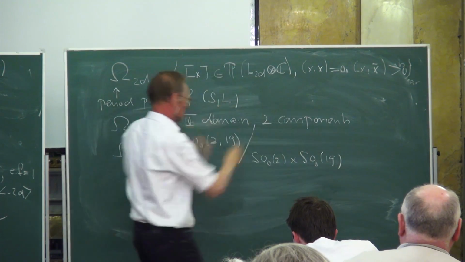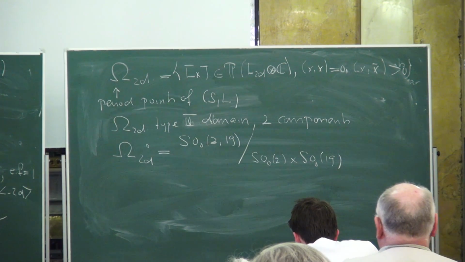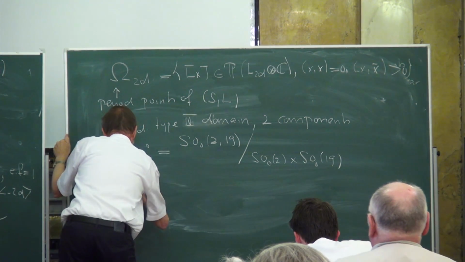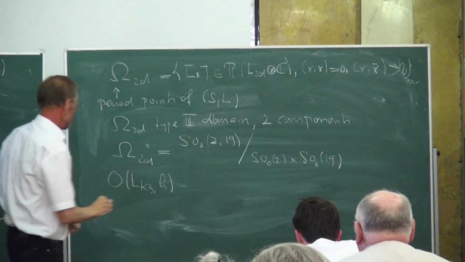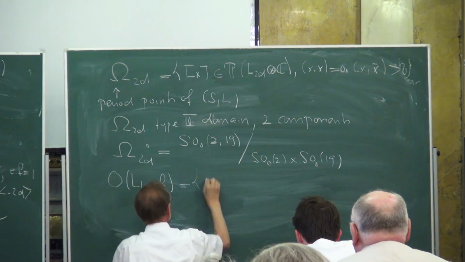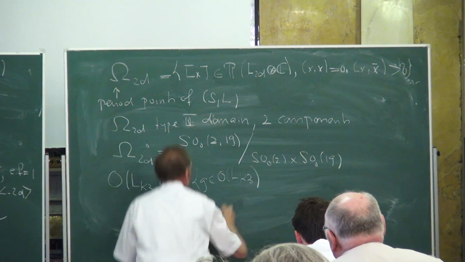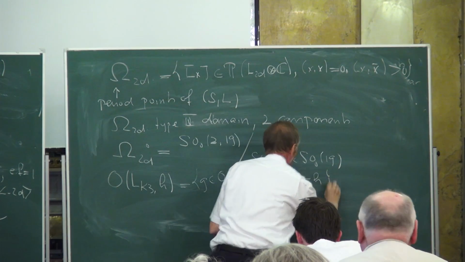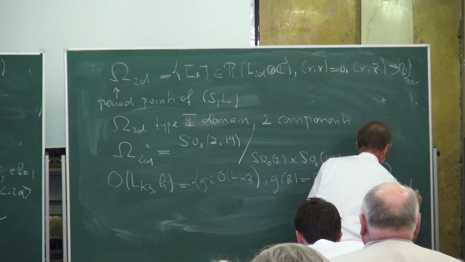So from group theory, you know this very well, these homogeneous domains. And I also can think of the following group. I can think of all elements in O(L_K3) such that h is fixed. And this has the consequence that it acts on this Omega_2d.